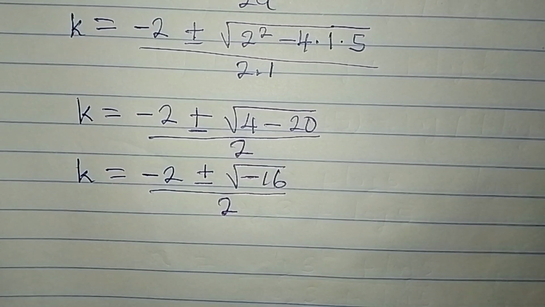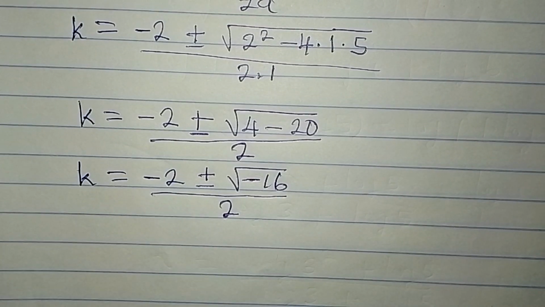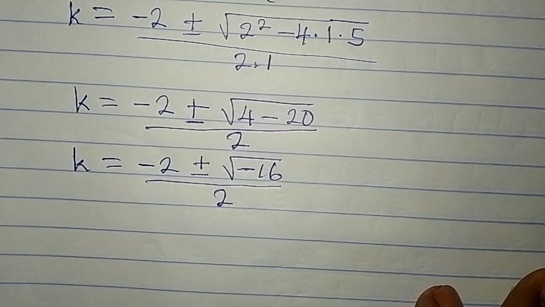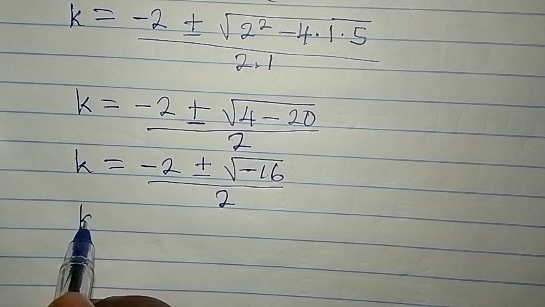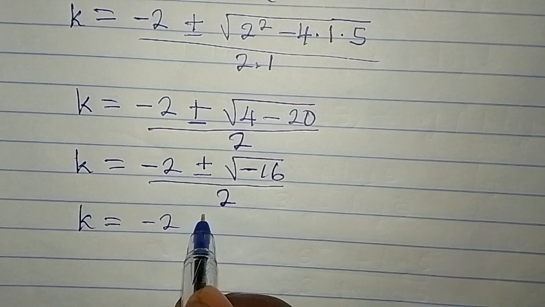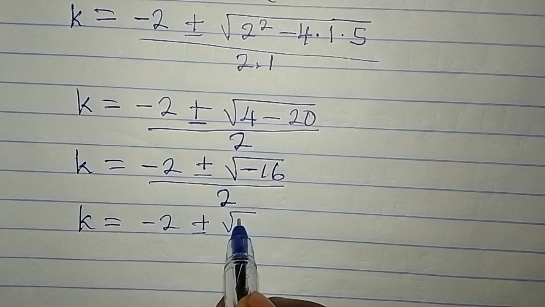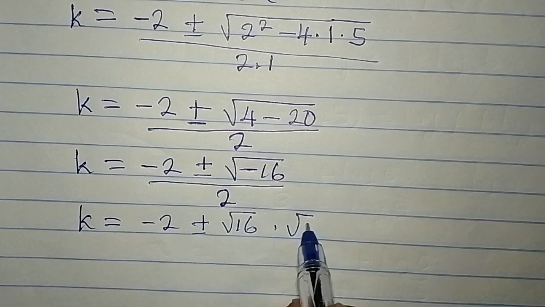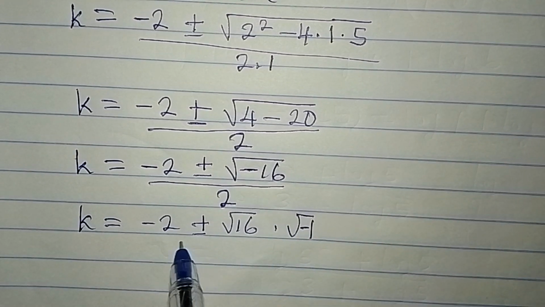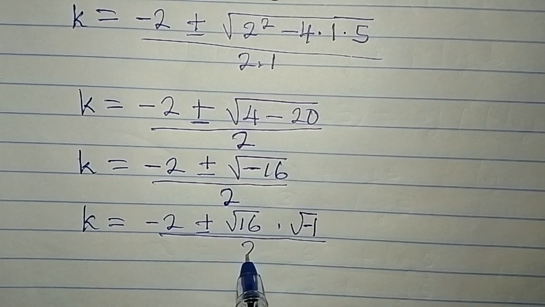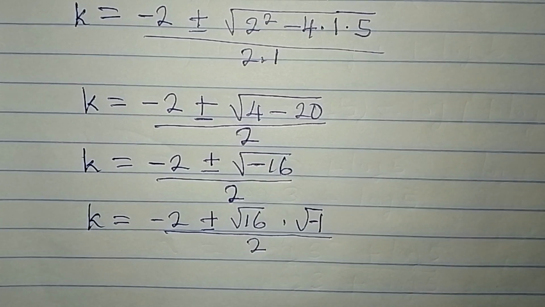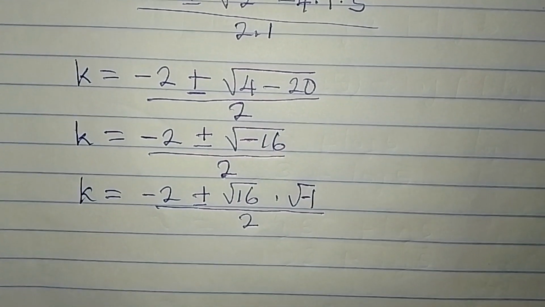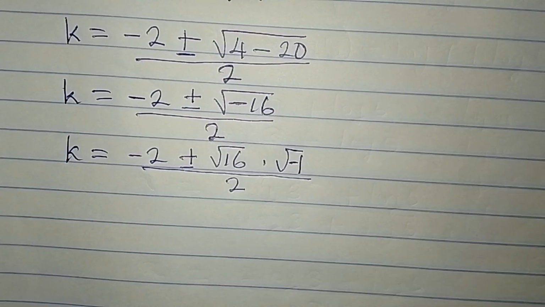So this means that this will give us two complex solutions. Then k will be equal to minus 2 plus or minus square root of 16 multiplied by square root of negative 1, everything over 2. What I've done is to pick out the negative from 16.